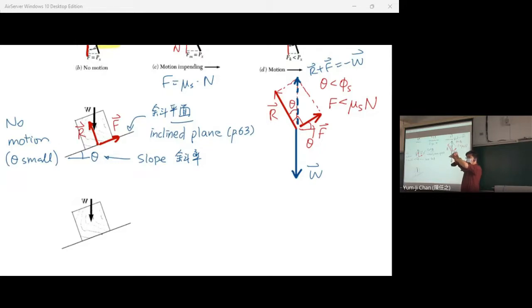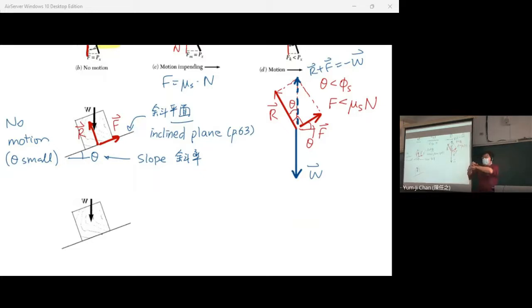If the angle is going larger and larger, then it's going to slide down, right? If the angle is small, then it stays there and there is equilibrium. So in equilibrium, R plus F is equal to minus W, and the friction force is smaller than the maximum value, mu s times N.